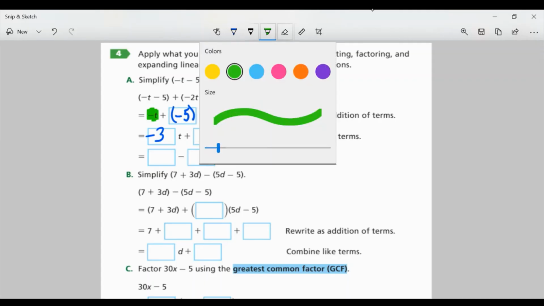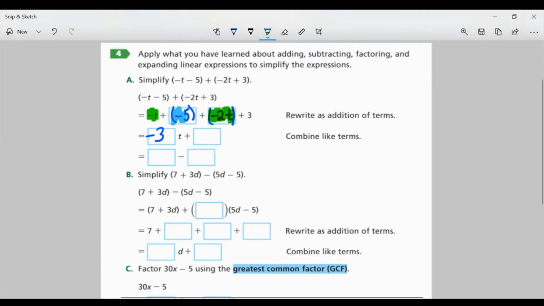Plus, I have my integers by themselves, right? Those are my other two terms, negative 5 and positive 3. So when I combine those, essentially it's 3 minus 5, which would give me a negative 2. Now, I'm going to rewrite this on the bottom. I have negative 3t minus 2, because I don't need the plus and negative. I can just go minus 2.